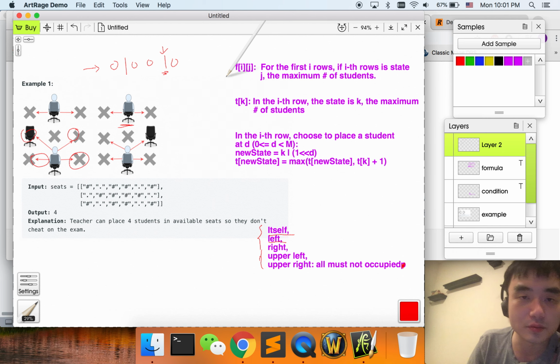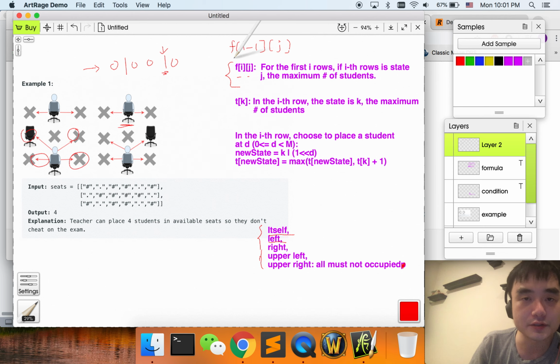Here is where we need to use Fij. In order to calculate Fij, we can be sure that we already calculated Fi minus 1 j, right?